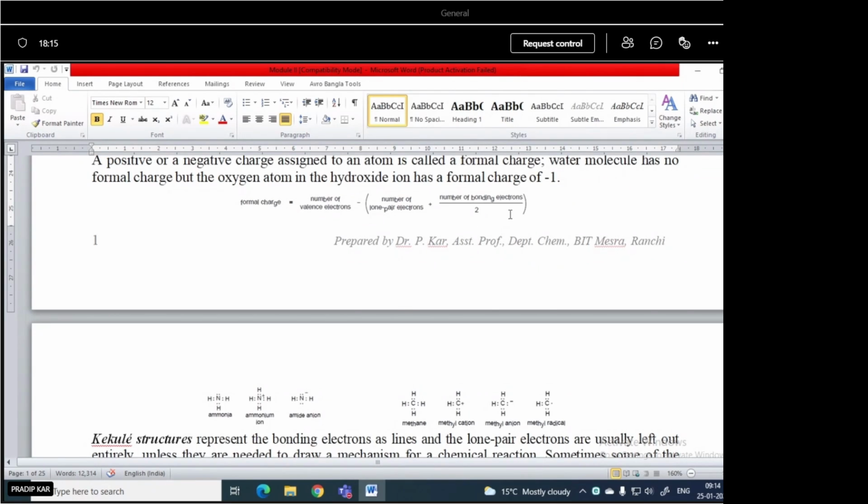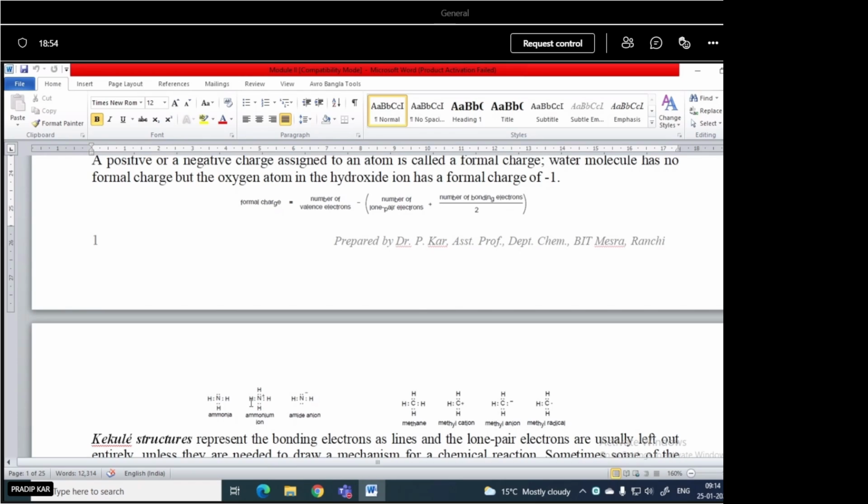Plus the number of bonding electrons: 1, 2, 3, 4, 5, 6, so 6 by 2 is 3. So 2 plus 3 is 5, and the number of valence electrons is 5. So here there is no net charge.